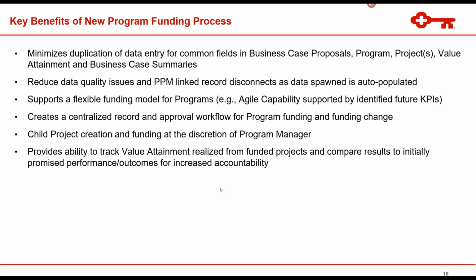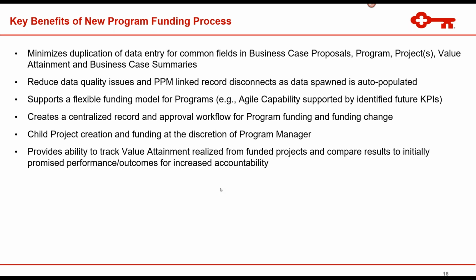So the PPM linked record disconnection is no longer an issue with that, the value attainment piece, and the data spawned is auto-populated. For our purposes, it supports a flexible funding model for programs, especially for agile capability, supported by identified future KPIs.